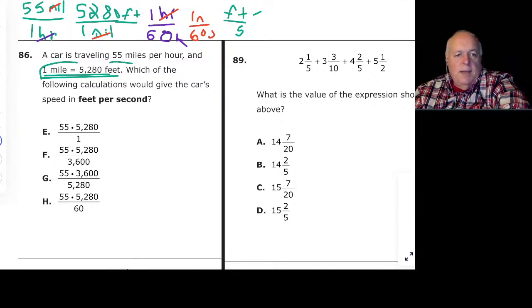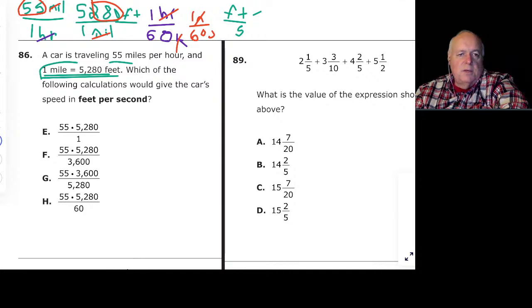Okay, so the ends here cancel as well, and what we're left with is the 55 times the 5280, and the bottom is the 60 times the 60.